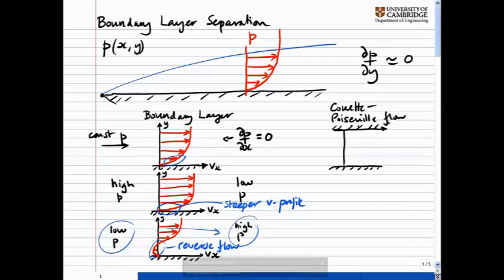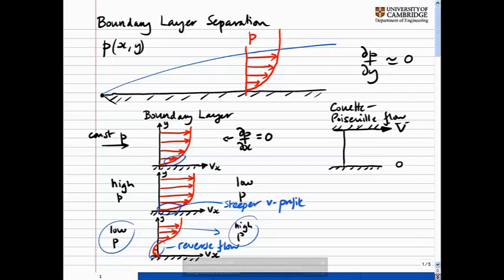Earlier on we looked at Couette flow and Poiseuille flow, in other words the flow between two flat plates with the top plate moving and the bottom plate stationary, with or without a pressure gradient in the flow. Let's look at the case of pure Couette flow. Remember, here we have a top plate moving at velocity v, a bottom plate that's stationary.